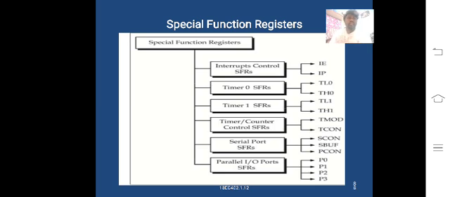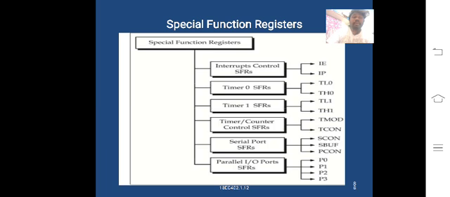Interrupt control registers are interrupt enable and interrupt priority. The timer 1 special function registers are TL1 and TH1. The timer counter control special function registers are TMOD and TCON registers.